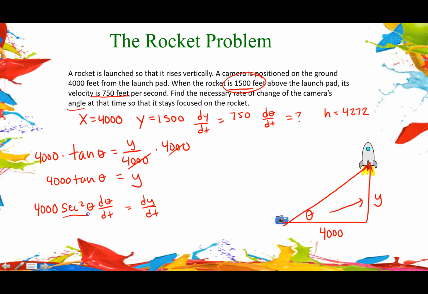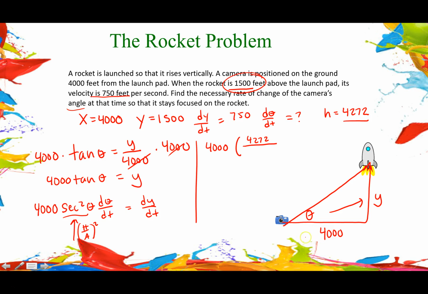Okay, now let's find secant squared theta. Okay, so this is going to be 4,000. Secant squared theta is going to be hypotenuse, which we know is 4272. We know our adjacent, remember this is h over a, squared.